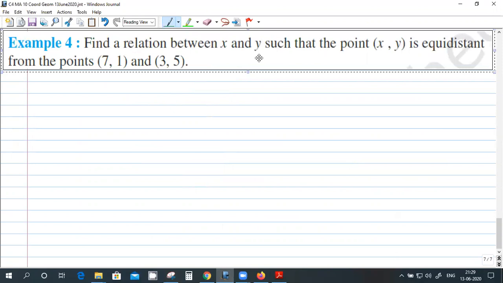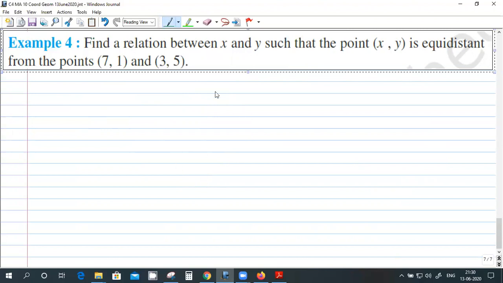Equidistant. Find the relation between x and y for the point x, y. The 2 points are given, 7, 1 and 3, 5. If it is equidistant, it can be any point which is equidistant, right? Not compulsorily a shape.